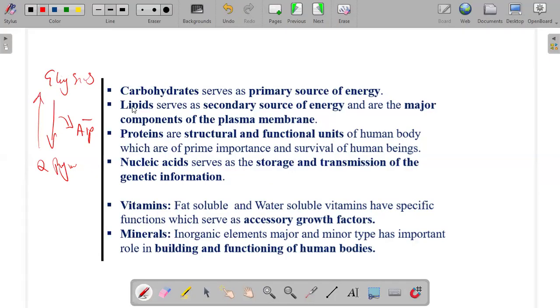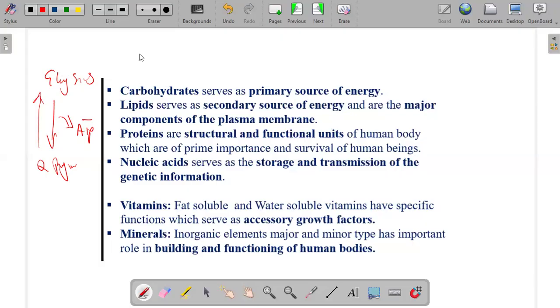So same with lipids, right? Lipids are also a source of energy, and they also act as storage. They are able to store energy, isn't it? They are a large storage biomolecule when it comes to energy, even better than carbohydrates because of them having a lot of hydrogen atoms compared to the hydrogen atom ratio that we have in carbohydrates.